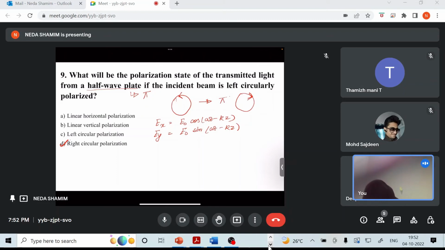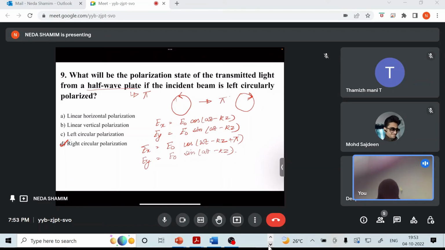What is going to happen if I introduce a phase difference of pi in one of the components? Say x gets a phase difference: E0 cos of (omega t minus kz plus pi). A phase difference of plus pi is introduced, and Ey remains E0 sine of (omega t minus kz).